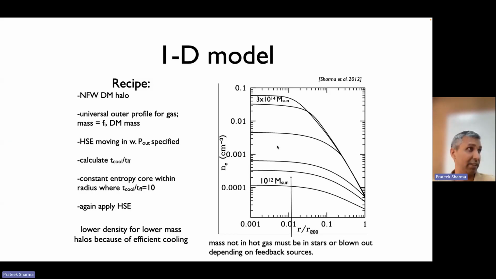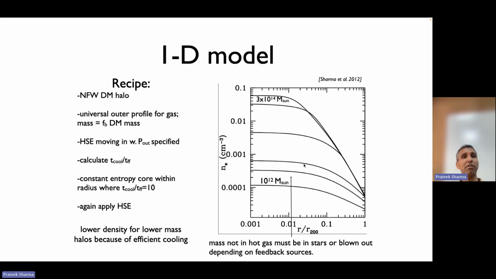So this is a model. Actually, this is a model that we came up with. This is a model for the electron number density as a function of radius for different halo masses. This is a more massive halo, like a cluster. This is our Milky Way mass halo. This is based on a model which takes care of the interplay between cooling and gravity.